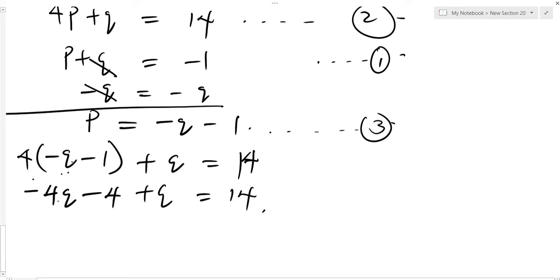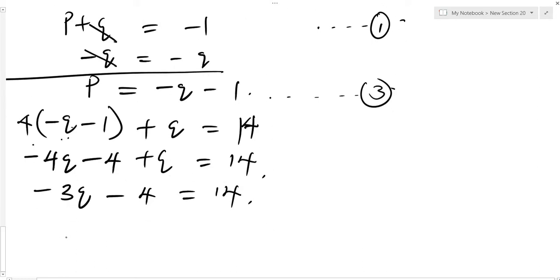We now have minus 4q. Let me add the like terms. I have minus 4q plus q, which will give me minus 3q. Then bring down this minus 4 and 14.